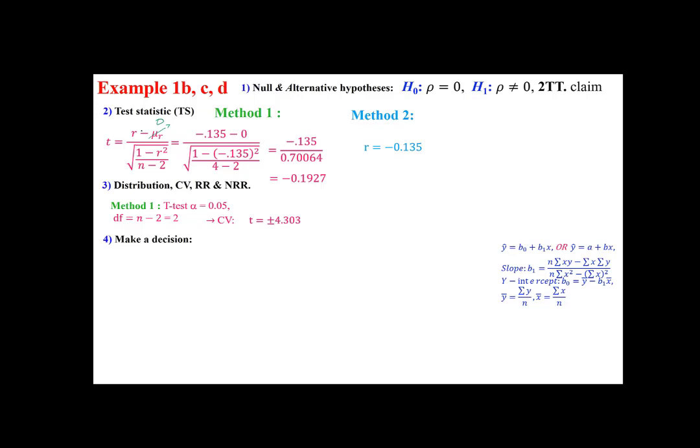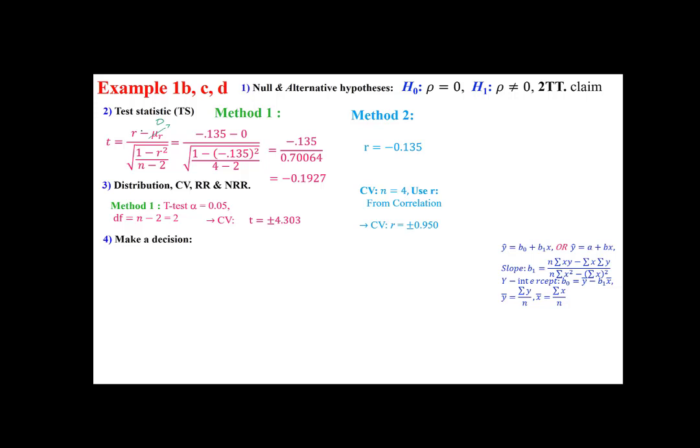You've seen the table already. Alpha is 0.05, n is 4, and the table gives you plus minus 0.950.